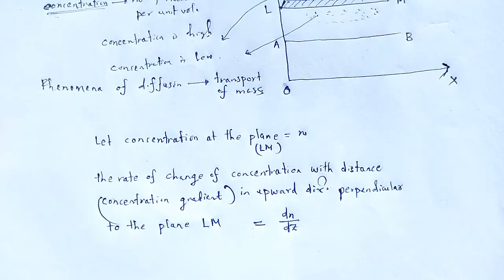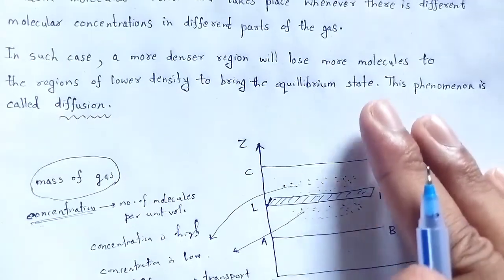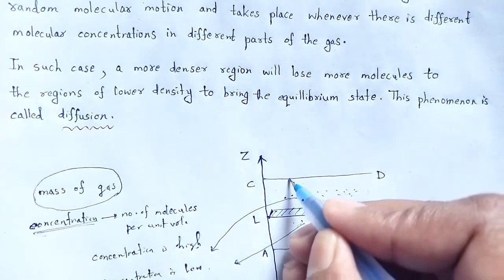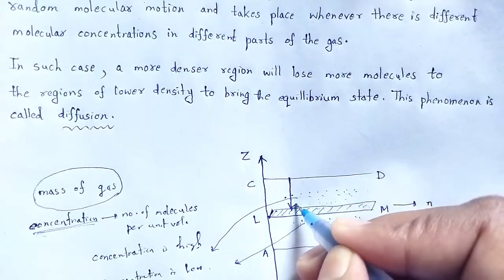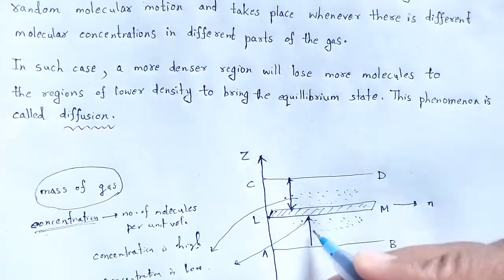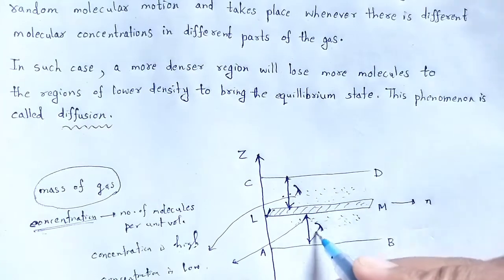Then what happened? The distance between each plane, AB to LM and CD to LM, is lambda, which is the mean free path.